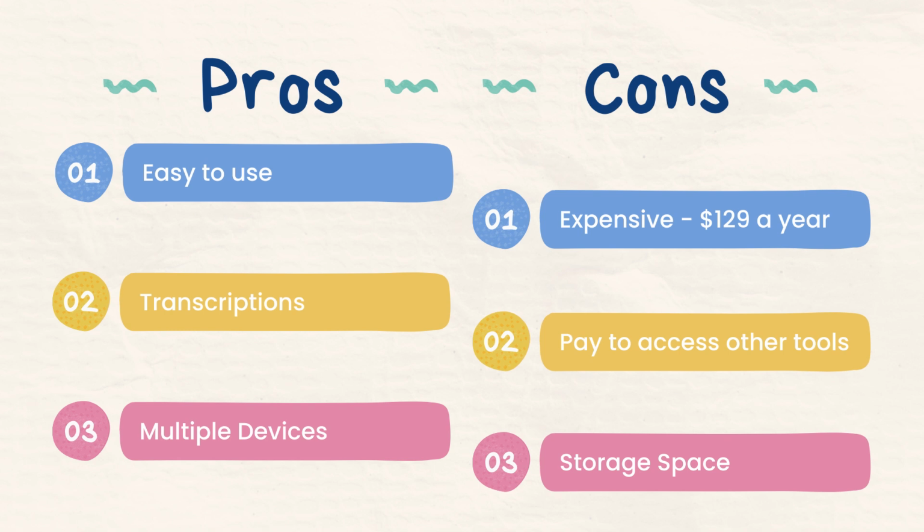You also have to pay to access other tools, so there are tiers in the personal subscription plan, which I don't really like. And there's also the storage space aspect, so they have their own cloud, but if you ever wanted to like download anything, that could get a little bit complicated.